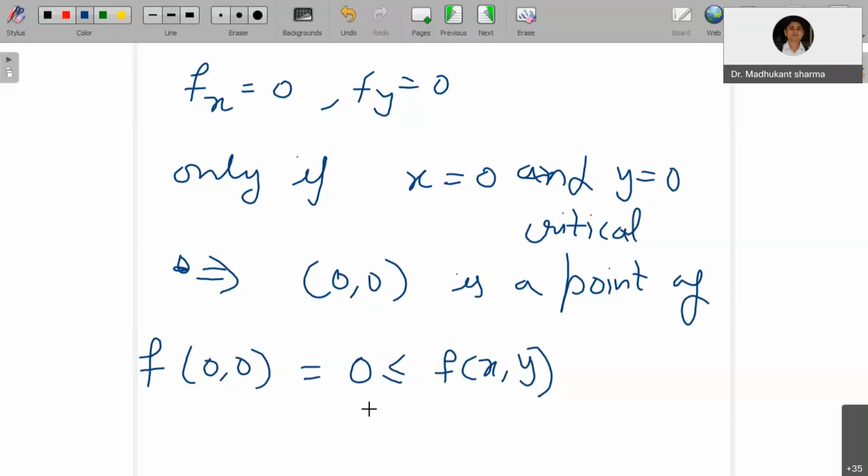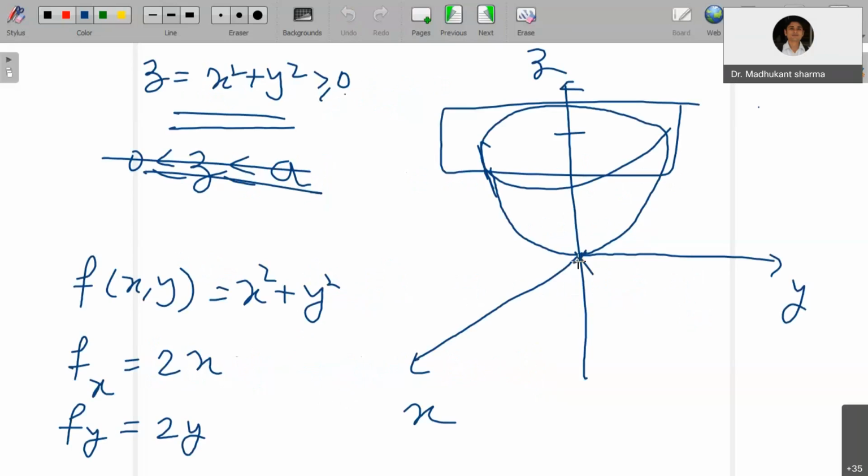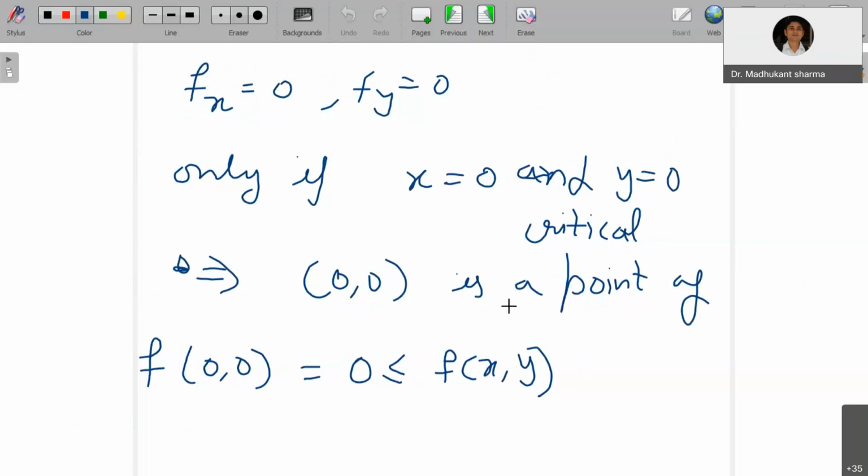Whatever open disk you take centered at 0, 0, all the f of x, y values always lie above this. It's very clear. So this implies 0, 0 is a local minimum.